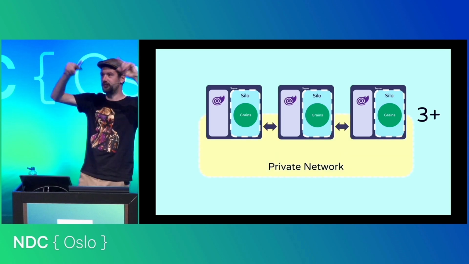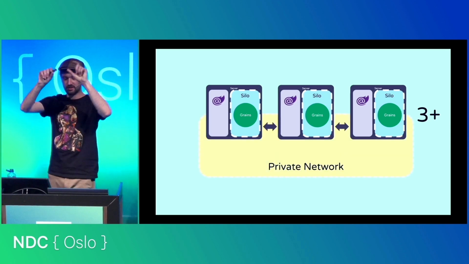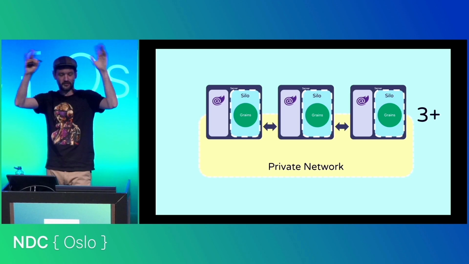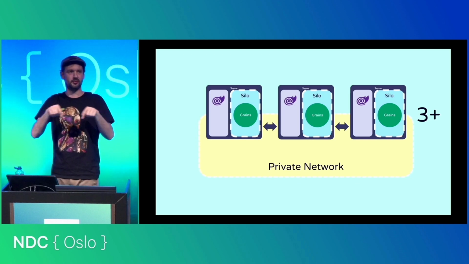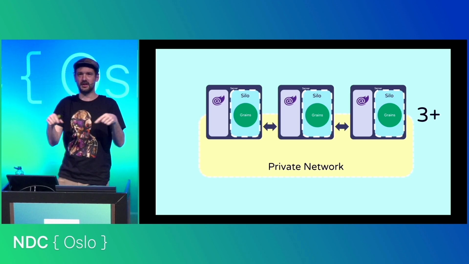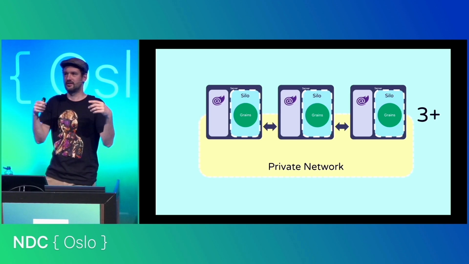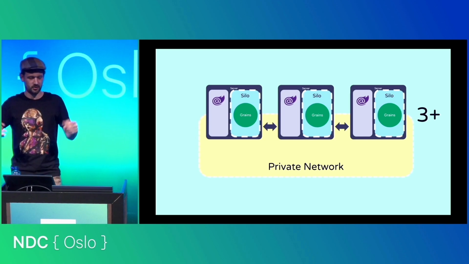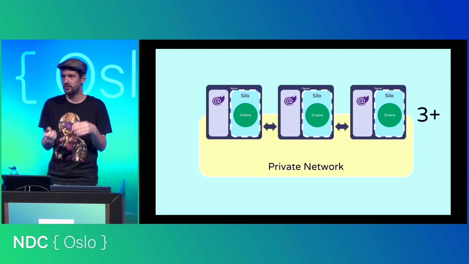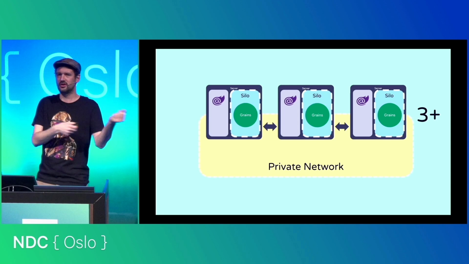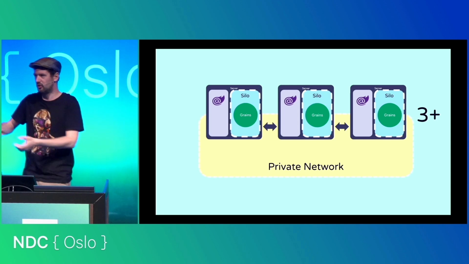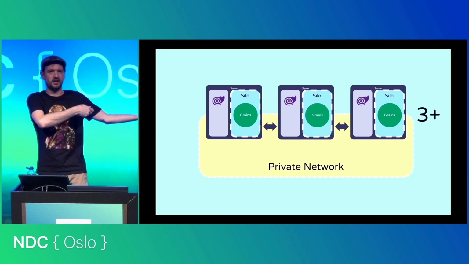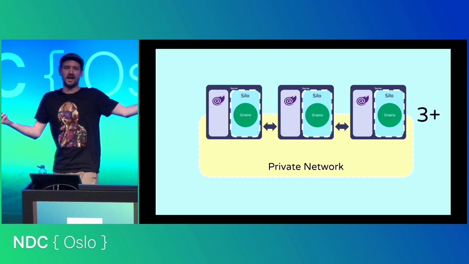Then you need to have a private network, that's the second thing you need, so that they can safely communicate with each other. Because Orleans doesn't have security within that internal communication, you need to have a private network. But if you're running something on Kubernetes or on App Service or Azure Container Apps, you basically already have this.